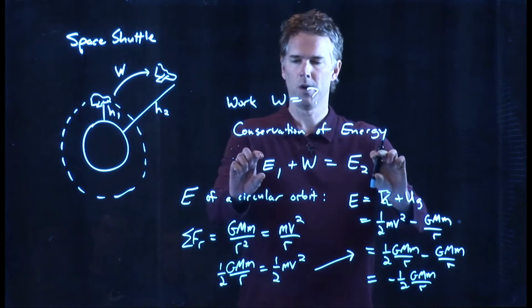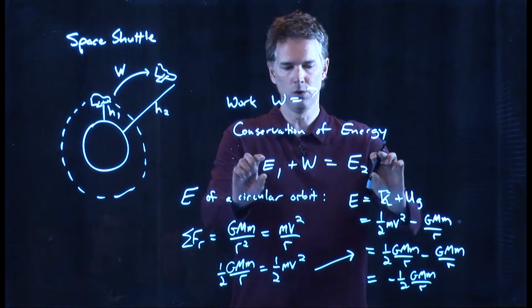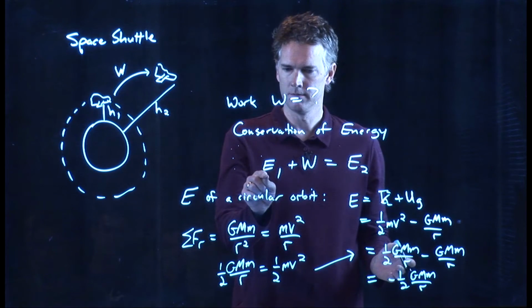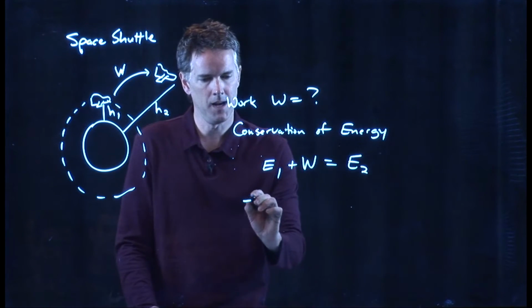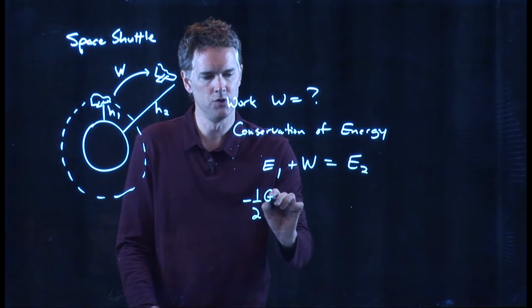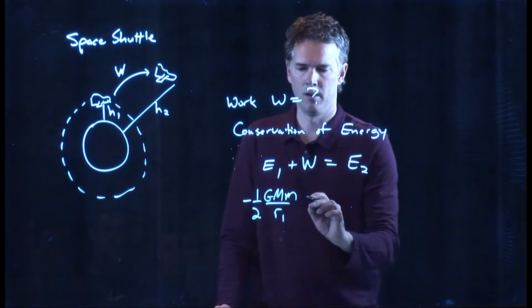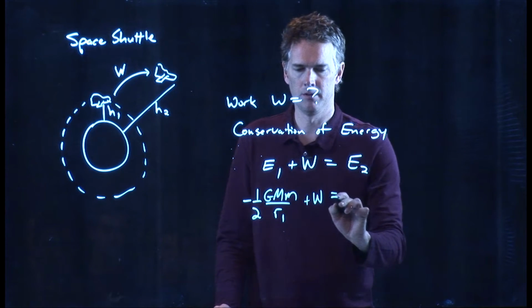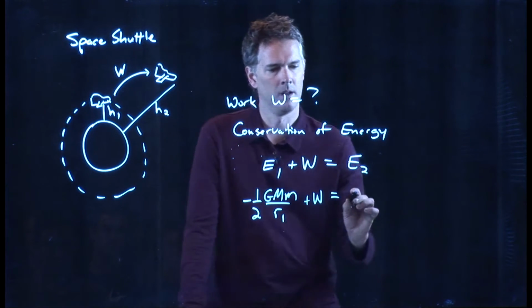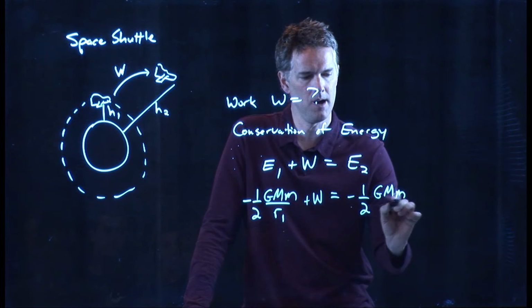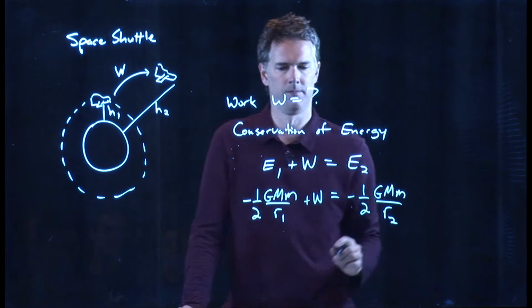So let's go back to this equation right here now and use this as the energy. Negative 1/2 GMm over R1 plus W equals negative 1/2 GMm over R2.